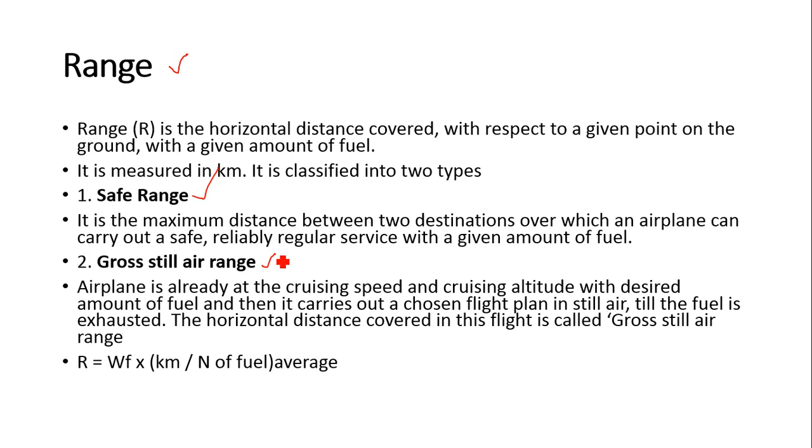If an aircraft takes off from, let's say, Bangalore, and its destination is Chennai, it will take off from Bangalore and land in Chennai. If that happens normally, then no problem, that is called safe range.